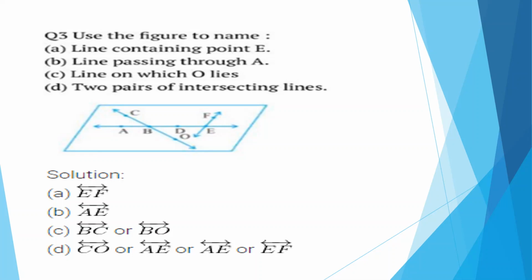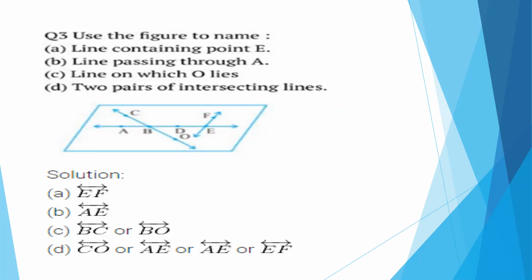O lies on this line, so the line is BO, and you can say it as CO or BC also.